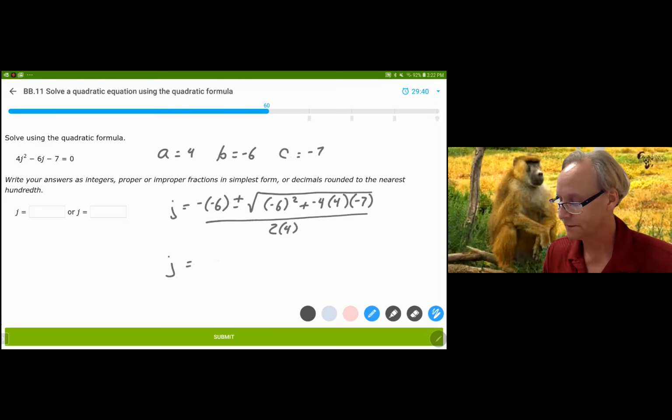So j is equal to 6 plus or minus. Well, that's 36 right there. And this piece is going to be 16 times 7.